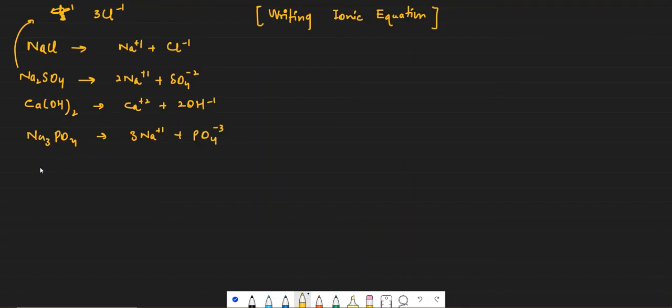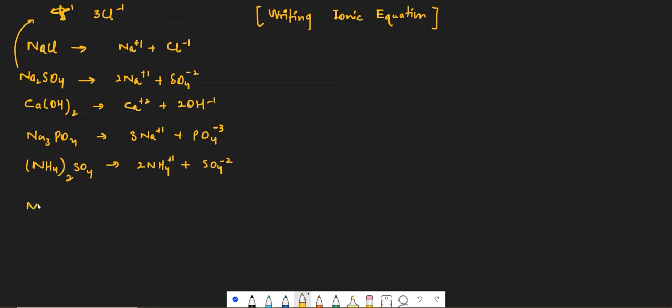Let's do another one. Let's break ammonium sulfate, (NH4)2SO4. If you break this, there are going to be two ammonium ions and one sulfate ion, SO4 2 minus.